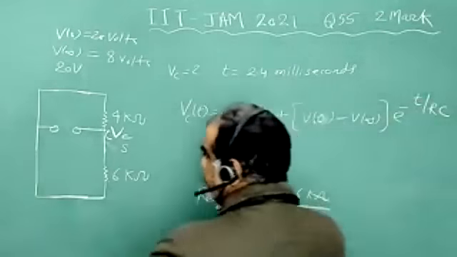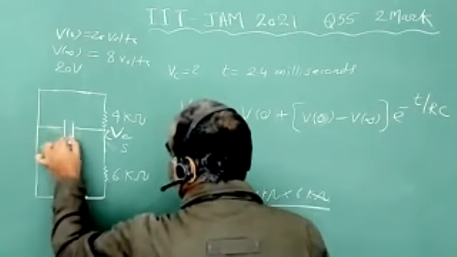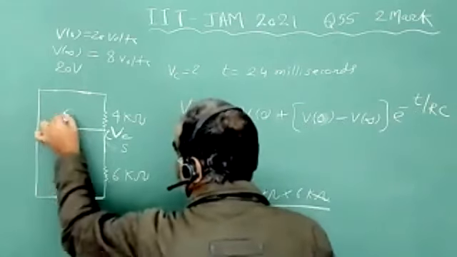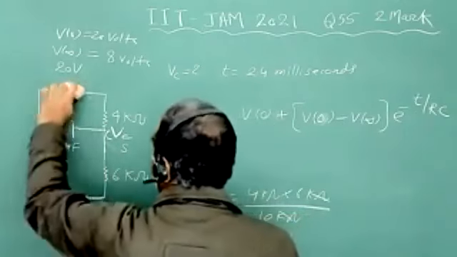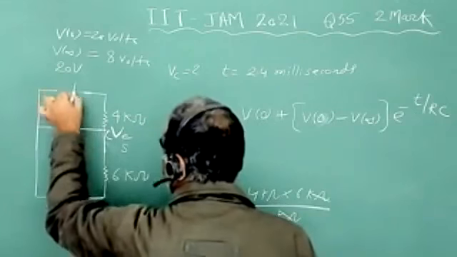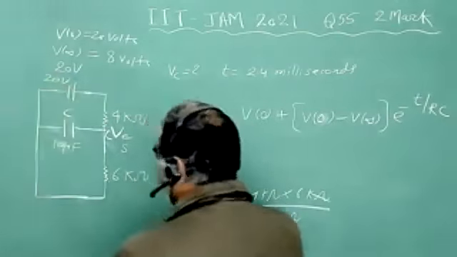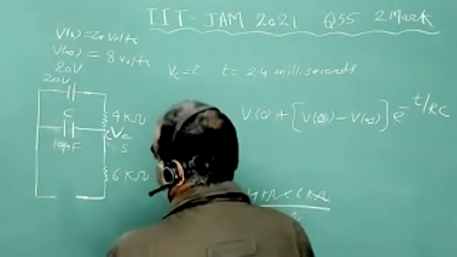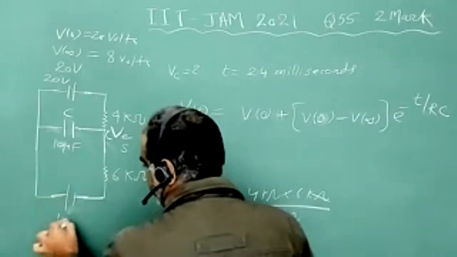The capacitance value is already given: the C value is 10 microfarad. So here I have a C whose value is 10 microfarad, here I have a battery of 20 volts, and here one more battery of 10 volts.